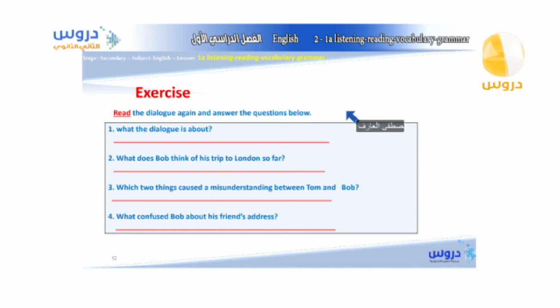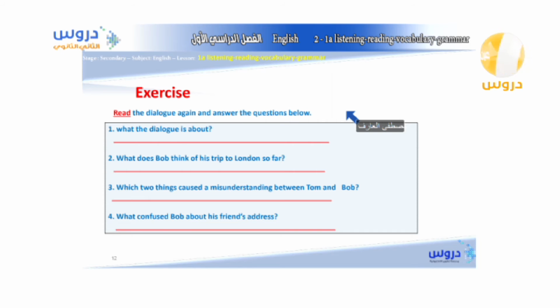Now, if we ask these questions, what the dialogue is about? So the dialogue is about a person or a man from the United States somewhere in London who is asking for directions.